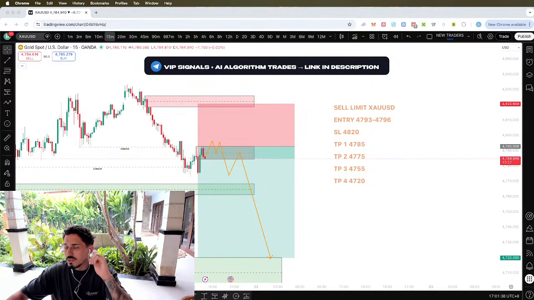Gold is dumping on me, and we didn't execute because of 8 pips. That's sad, eh? Imagine we got in there. What a sniper entry, though.